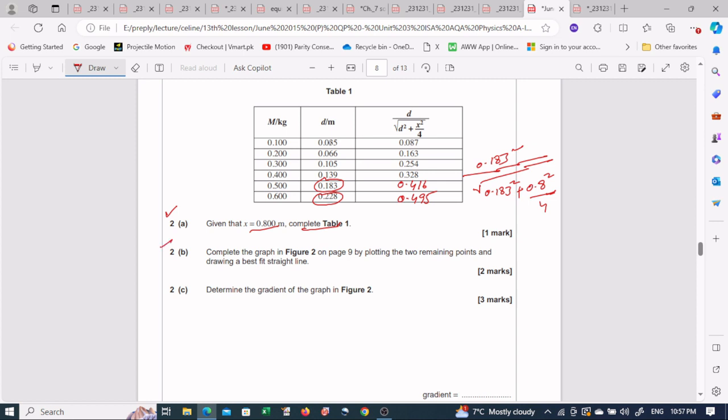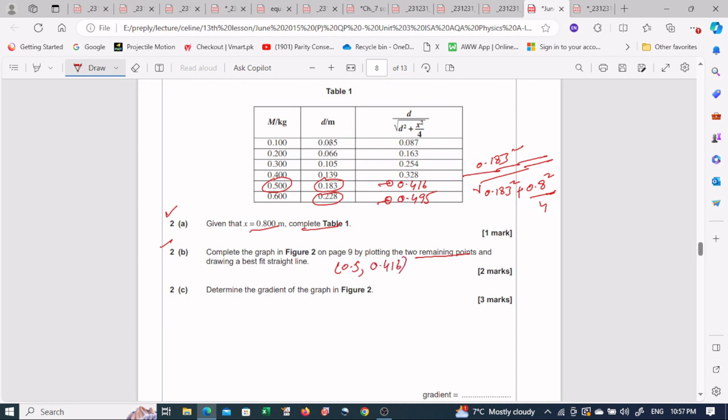Now for part 2b, complete the graph in figure 2 on page 9, plotting the two remaining points. We have to draw these two points that we found over here. These two remaining points are along the x-axis. The capital M first is 0.5, and the corresponding value of d over the square root of d square plus x square over 4 is 0.416.